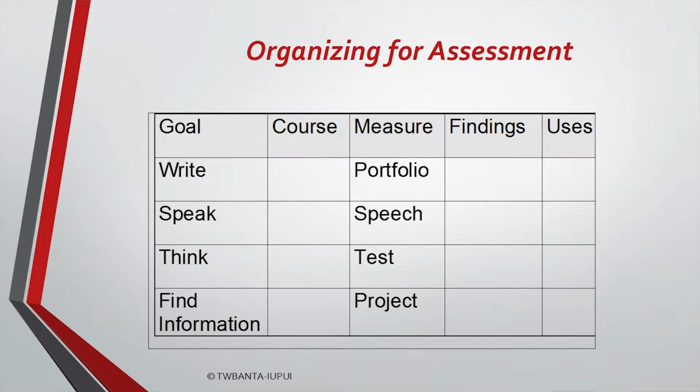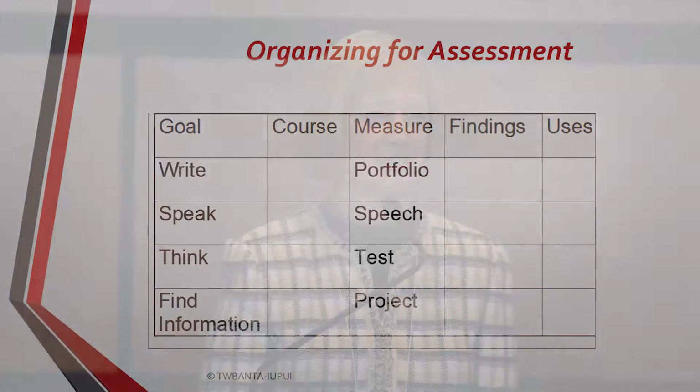And then I say that if you have started with a verb, it almost dictates what the assessment measure will be. If you want students to speak, you will ask them to make a speech. And if you want them to find information, you will give them a project that will give them the opportunity to find information. And then I rely on my wonderful colleagues in the School of Nursing who have been at this longer than any other discipline at my institution, at least.